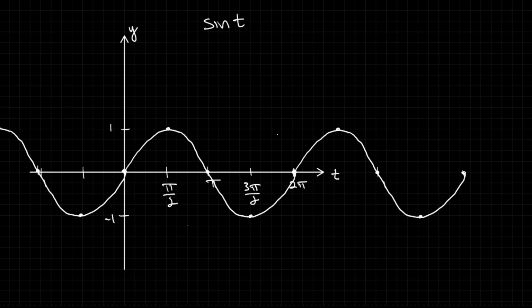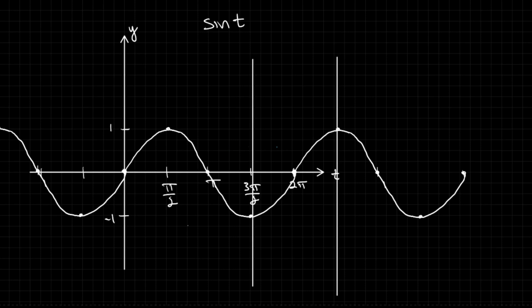So for example, if we deleted all of the graph except for the portion between 3 pi over 2 and, this would be 2 pi plus pi over 2, so 5 pi over 2. If you ignored the rest of the graph, then this would be a picture of a one-to-one function.